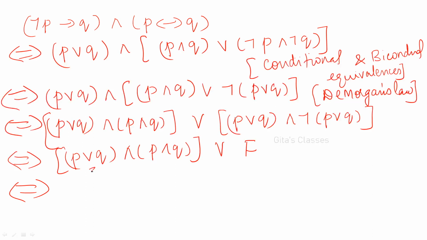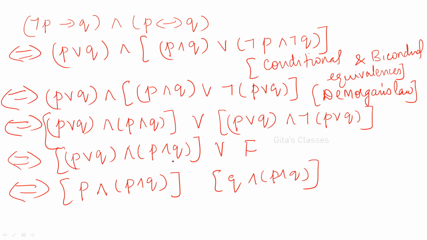So I am going to apply the distributive law again. So P or Q and P and Q, this and P or R. Okay. So P and P or Q, now Q and P and Q. In between you have R, so I am going to write it as R.